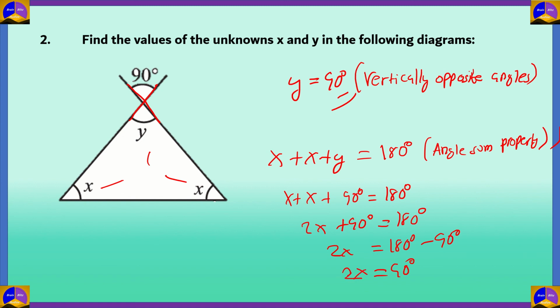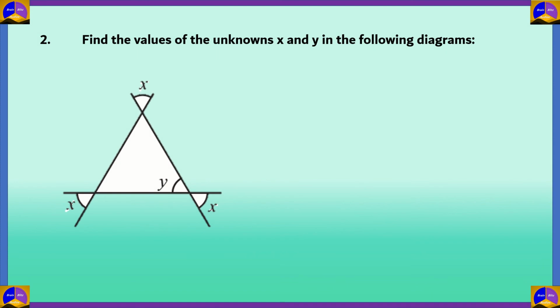And so, x would be equal to 90 degrees divided by 2, which is equal to 45 degrees. So in this diagram, x is equal to 45 degrees and y is equal to 90 degrees. Let's move on to the last question.